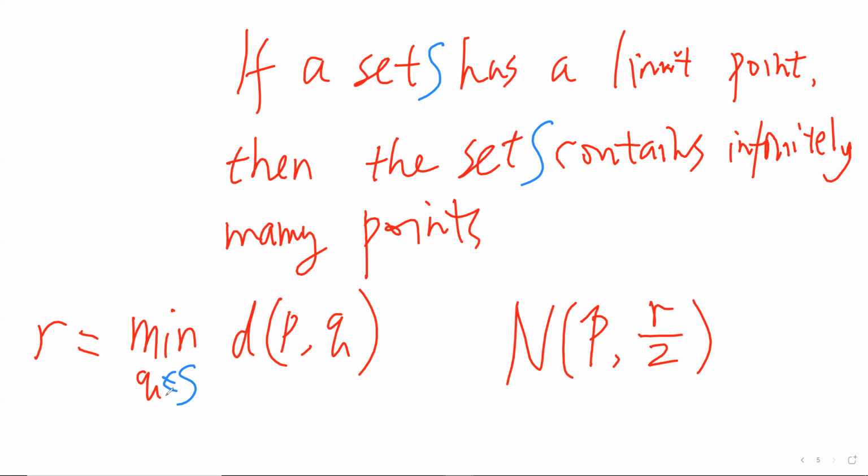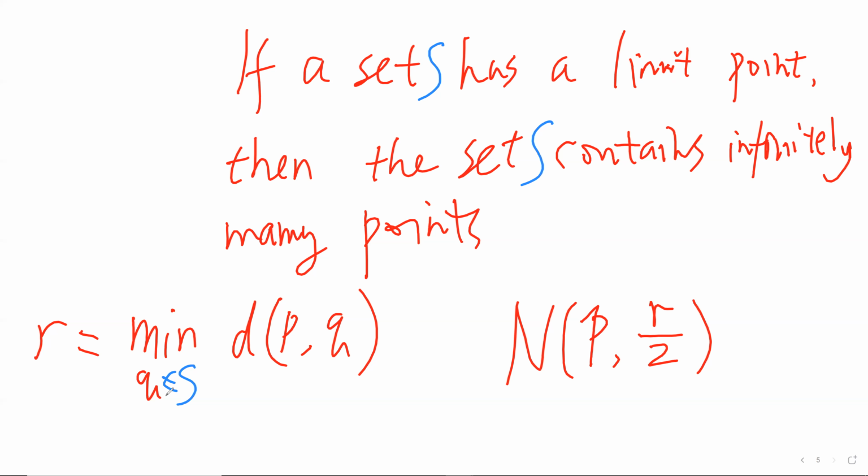And now you have a neighborhood where every element has a distance to P of less than R over 2, which means there are no such points in S that can satisfy this property.